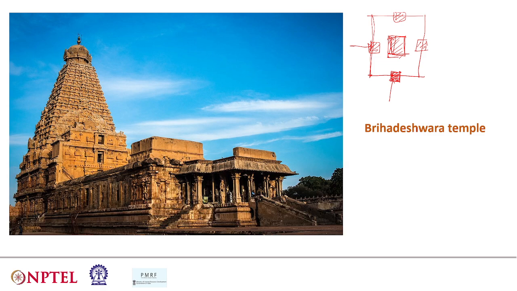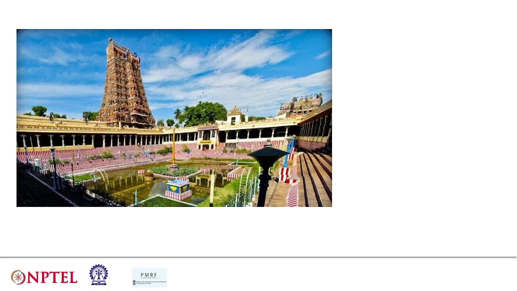In fact, this is one of the tallest vimanas, or temple towers, in the Kutina style. That is why this is a very special example, which is not in alignment with the typical Kutina style temple architecture.